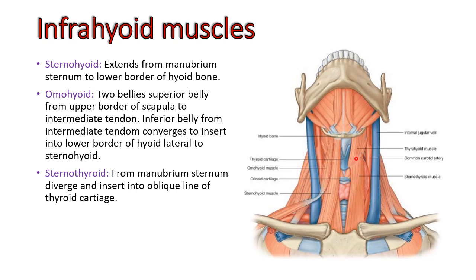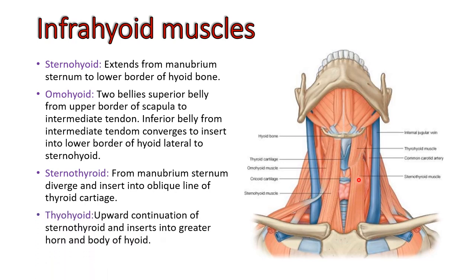The next muscle is the thyrohyoid, which is nothing but the upward continuation of the sternothyroid, and it inserts into the body and greater horn of the hyoid bone. Okay, so why is it split or inserted separately? Might be again because it is segmental in development. So that is about the strap muscles, their origin and insertion.